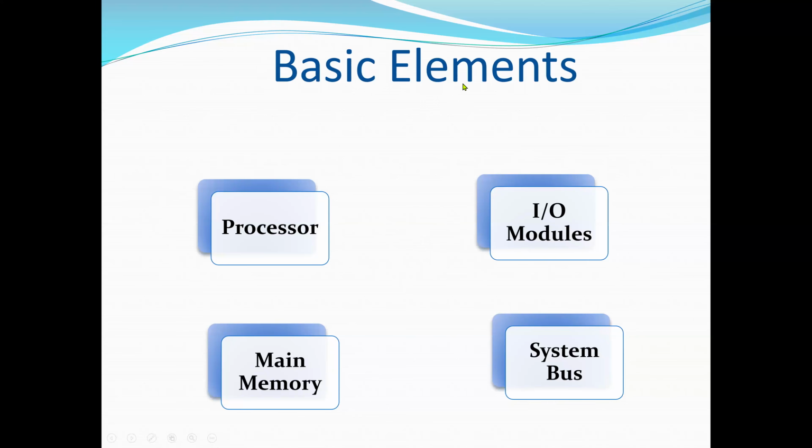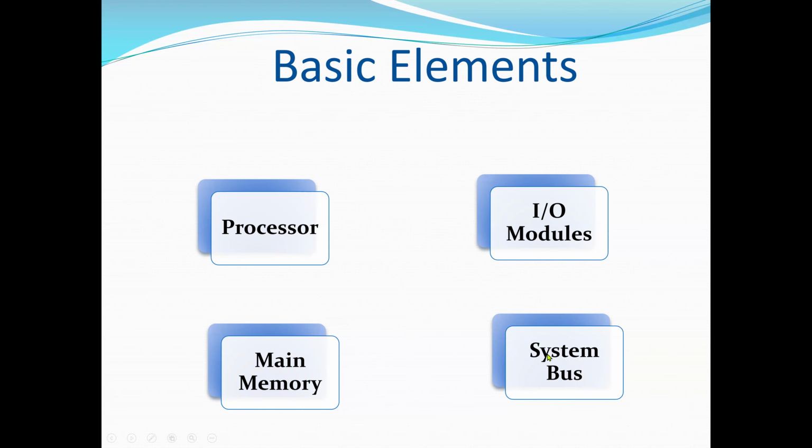So here we can say the basic elements of any computer system. At the top level, a computer consists of a processor, memory, input and output devices, and also the system bus. Normally, the system bus will connect all the computer hardware resources together. A system bus is more or less like a wiring system or a conductor.